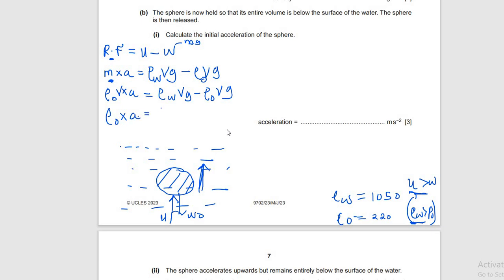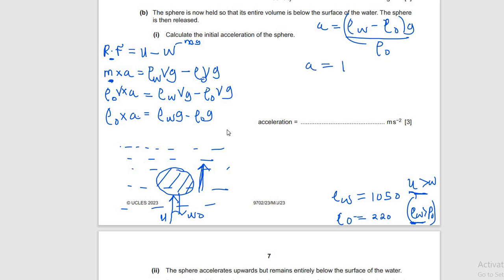What is left here? Density of water multiplied by gravity minus density of object multiplied by gravity. We are looking for acceleration, so make acceleration the subject of the formula. That will be density of water minus density of the object, multiplied by gravity, divided by density of the object. So we can now use the expression to find the acceleration.